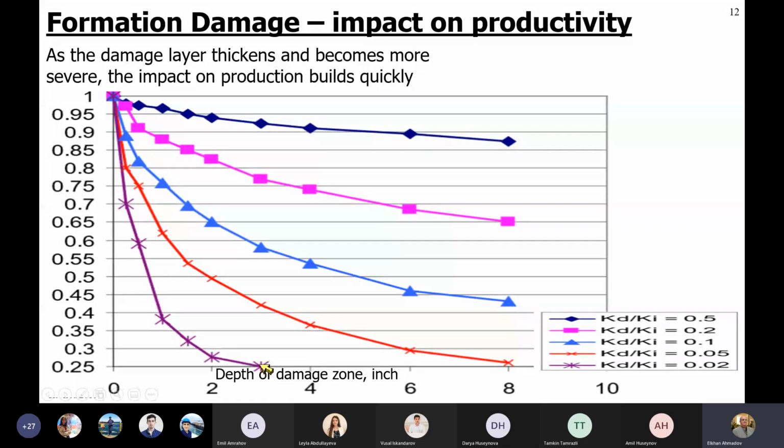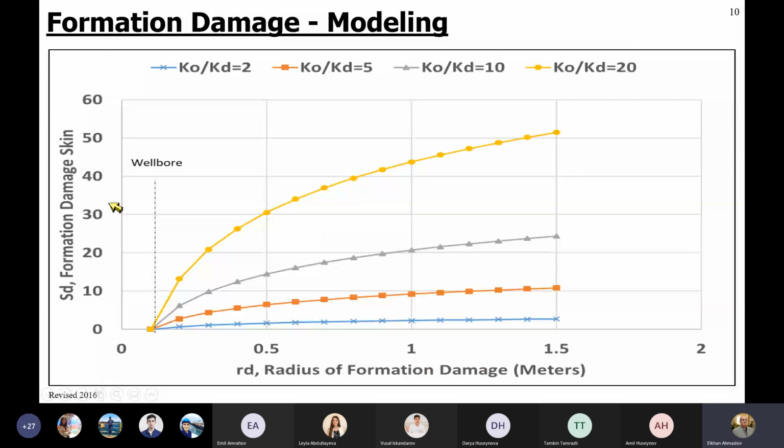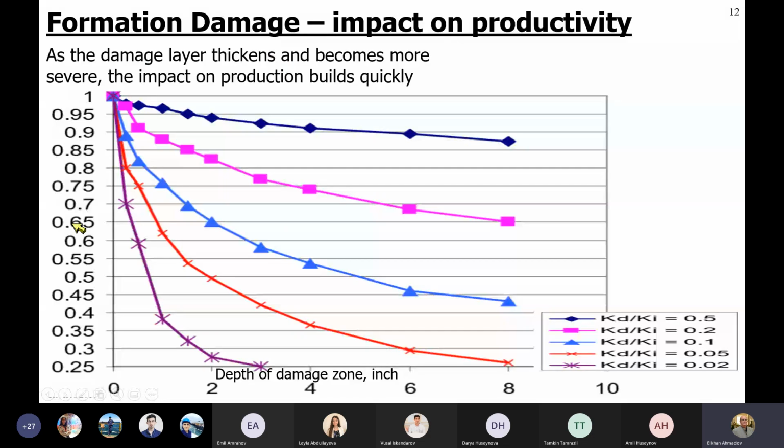Okay, so again, the more severe the damage, the more effect on the productivity. It is almost the same as the previous chart, but there you can see it in the skin expression, and here you can see it in the productivity expression.